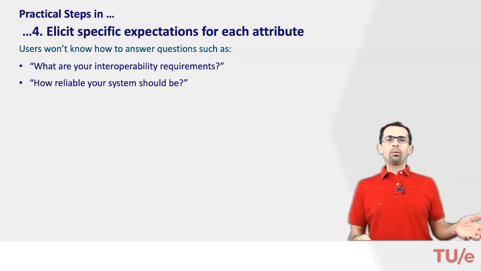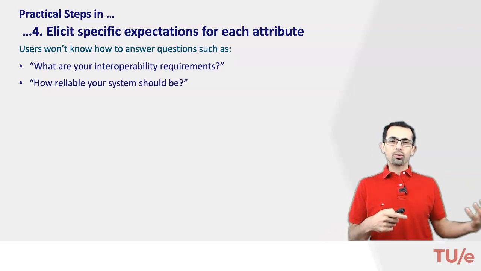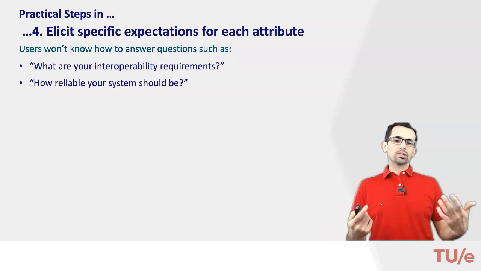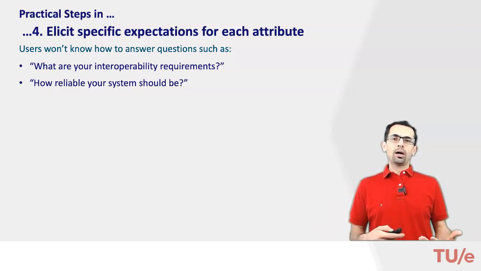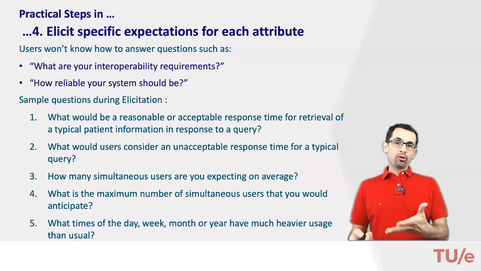That is not how we elicit requirements, how we analyze quality attributes or requirements for quality attributes. So there are plenty of questions that you can ask, and by going through some examples, you will also see what kind of questions you should ask to elicit measurable requirement statements or expectations from people.